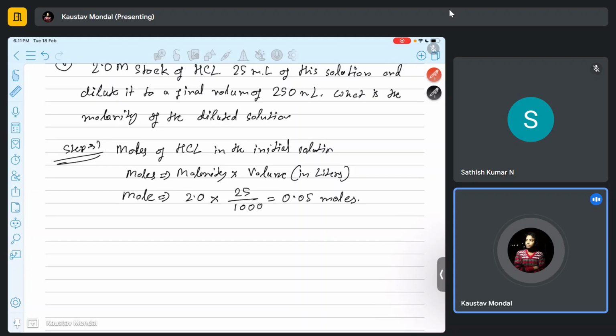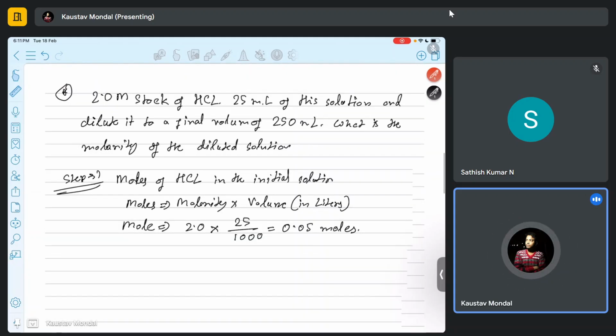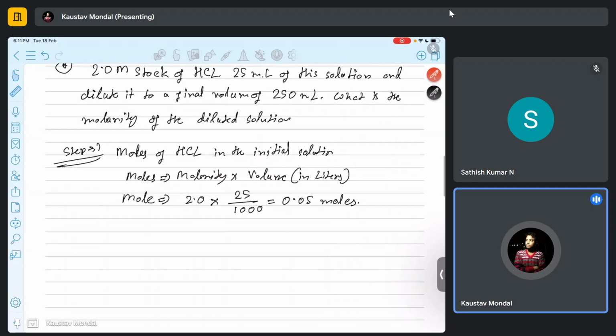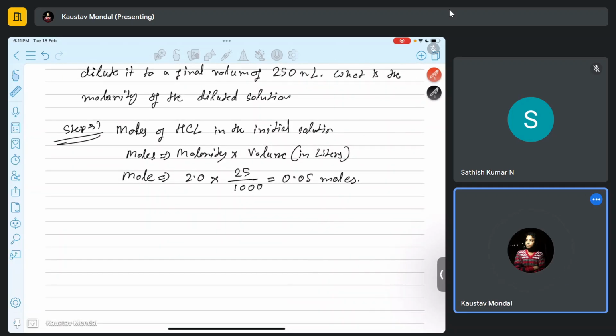Now in step 2, what you have to find out is what should be the molarity in the final diluted solution. The moles you already know.